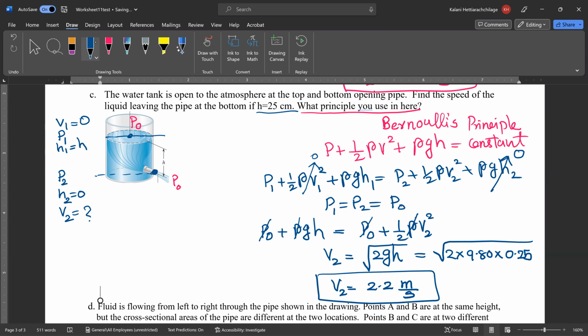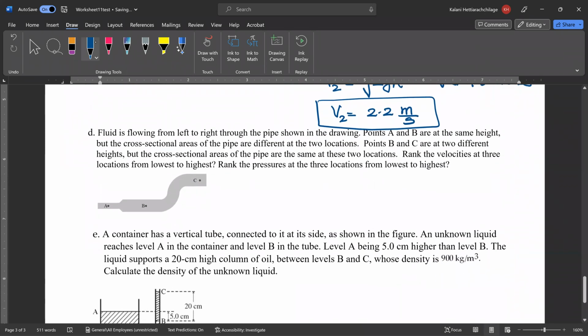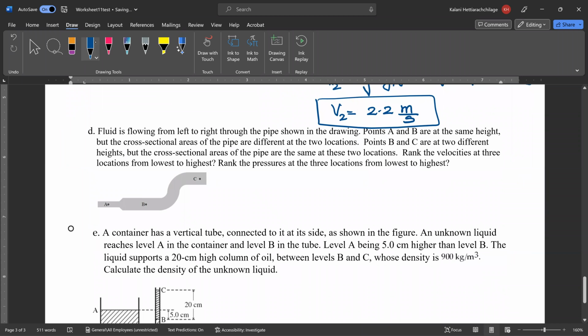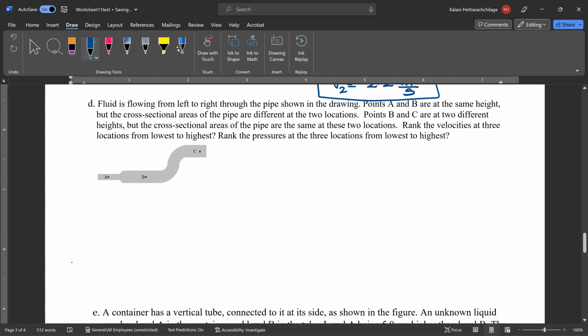Okay, now we can move into the last part. We actually have two more parts, so let's do this part first. This is just conceptual understanding of the flow rate and the Bernoulli principle. Let's summarize what we know. Flow rate is equal to cross-sectional area times velocity. What that means is when you have a narrower tube, you have greater velocity, right?